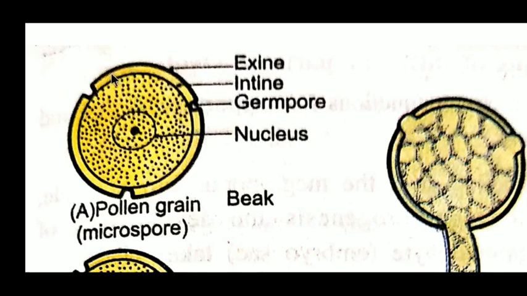The outermost layer of this pollen grain is called exine, which is resistive in nature, and in some plants this exine is spiny, and in some plants it is smooth.